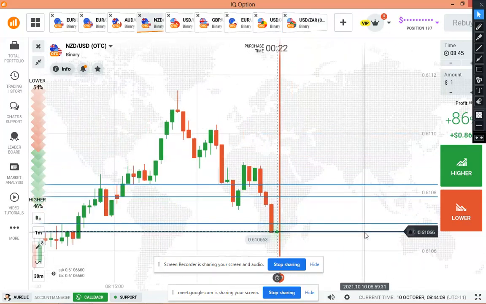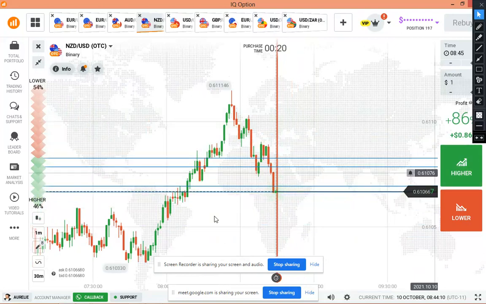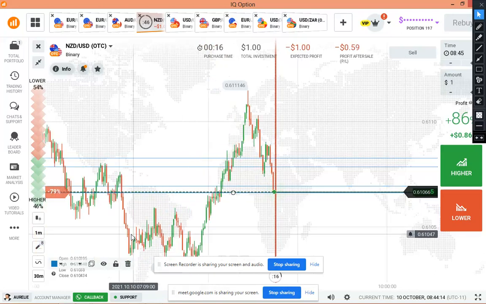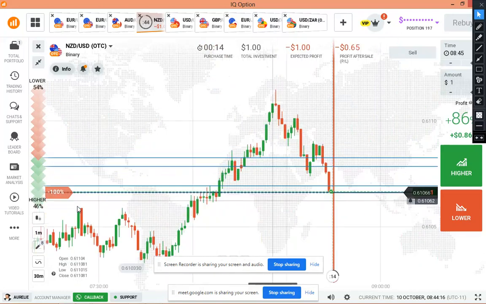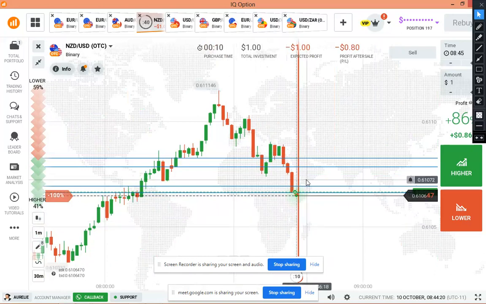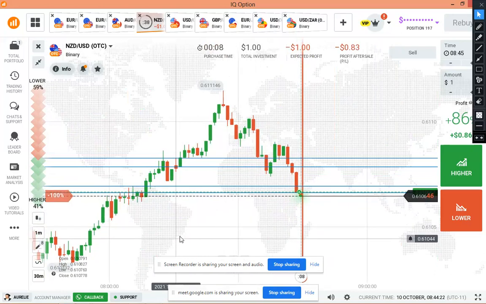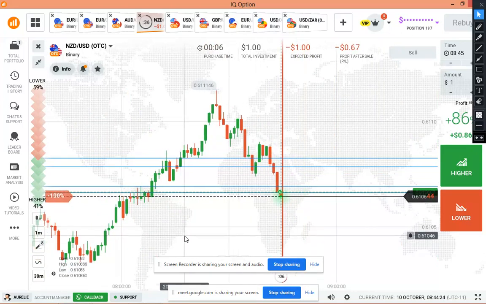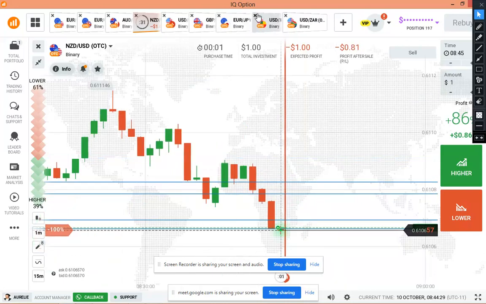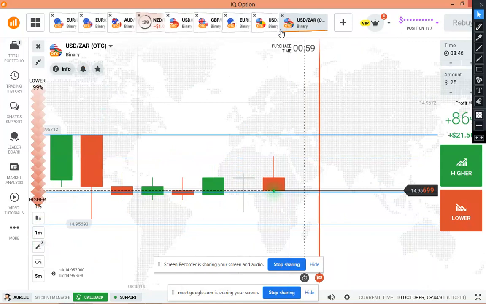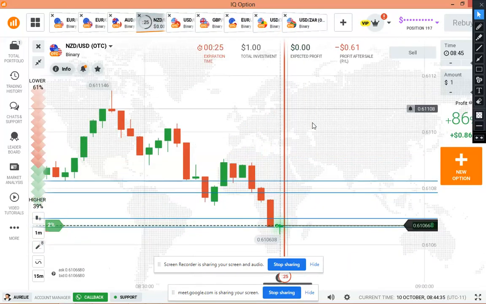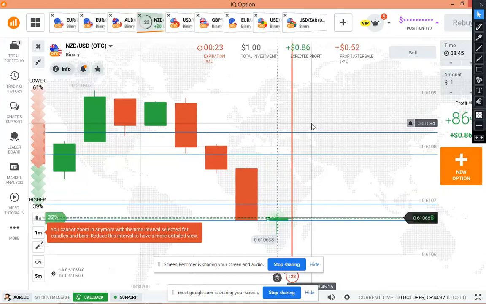A marubozu below the zone, I think, is going to be a sign of reversal. I know we have already drawn the zone on the left side before. So let's wait and see.